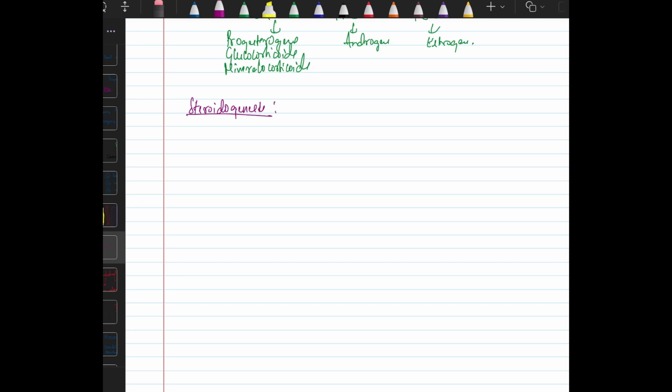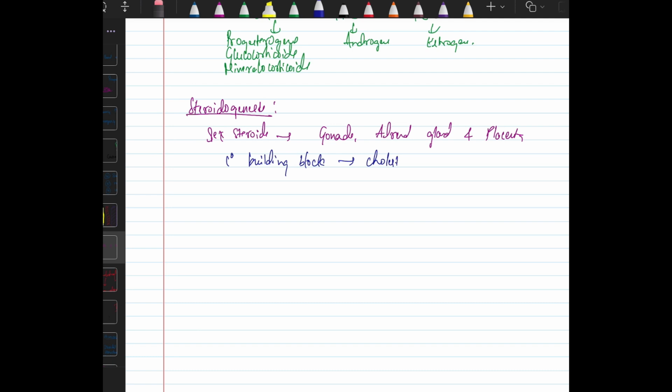steroidogenesis. See, these sex steroids are basically produced by your gonads, adrenal gland and placenta, and the primary building block for this hormone production is your cholesterol.